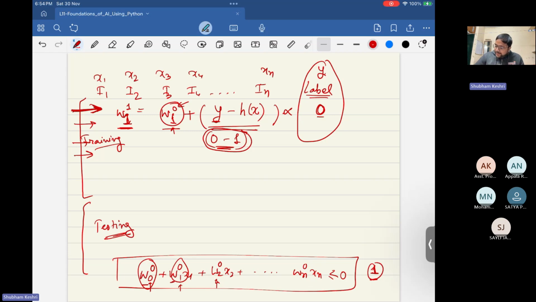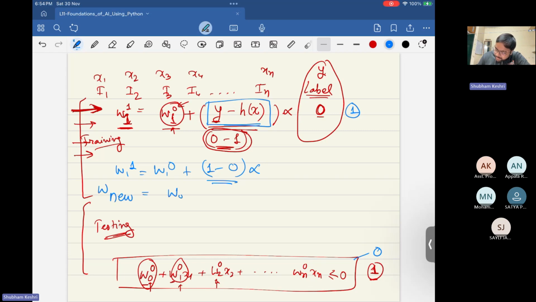On the other hand, suppose this value was 1 and we had predicted 0, so it will be 1 minus 0. You see this is positive, so we are adding some part to the weight. This difference is the error. So w new is equal to w old plus alpha times the error.